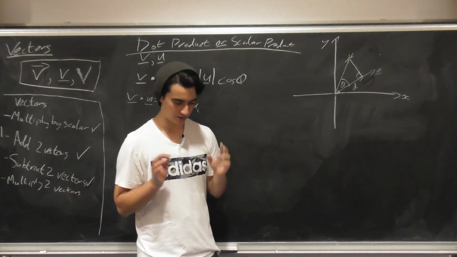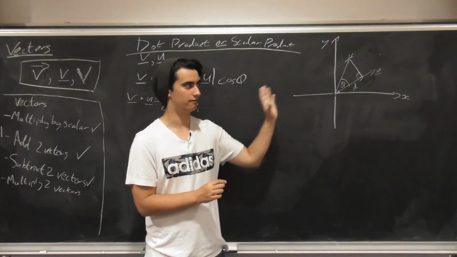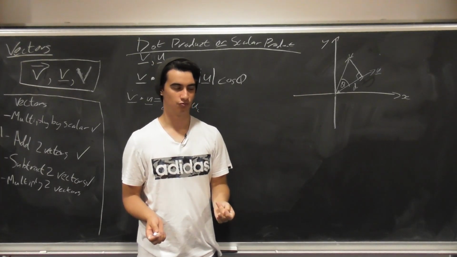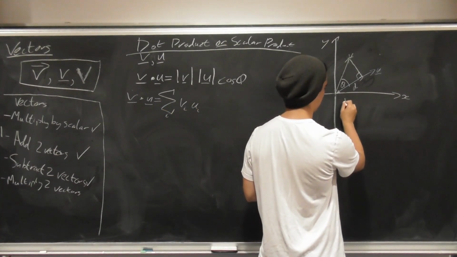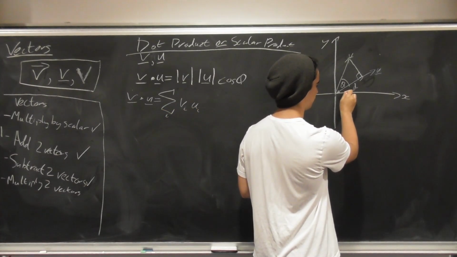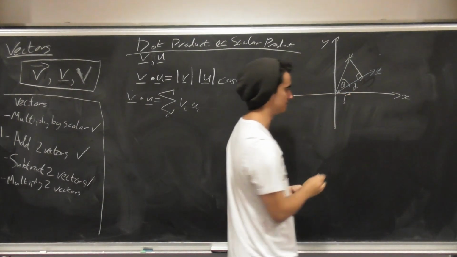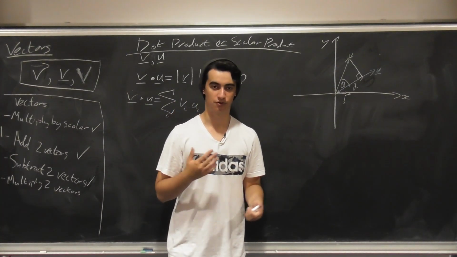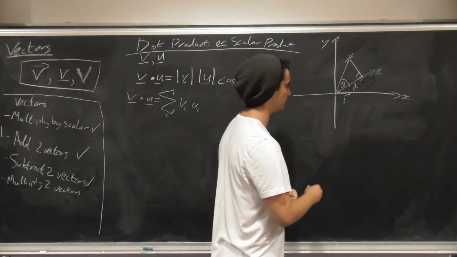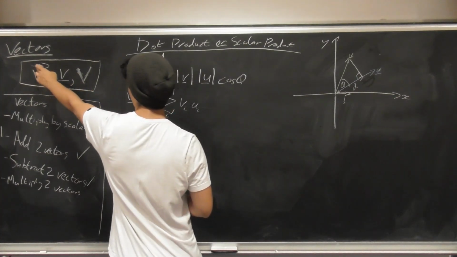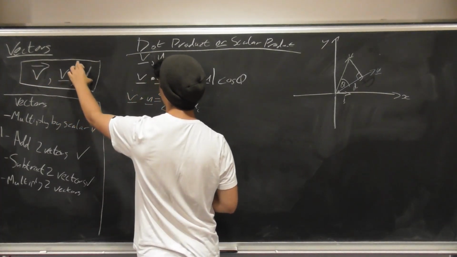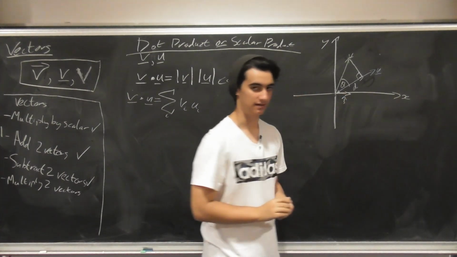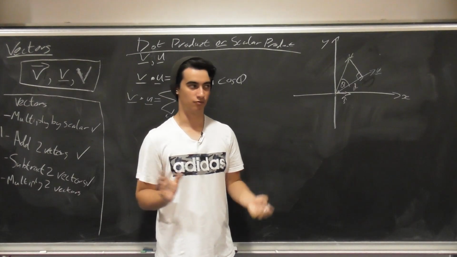So instead of dealing with all of that and different vectors like so, we'll define two new vectors. We'll define them as, let's say, i, and i will point exactly 1 unit along the x-axis. This is what we call a normal vector. And instead of having our normal vector notation be the cap or being in bold, we use a hat to notate that it's of unit length or normal.